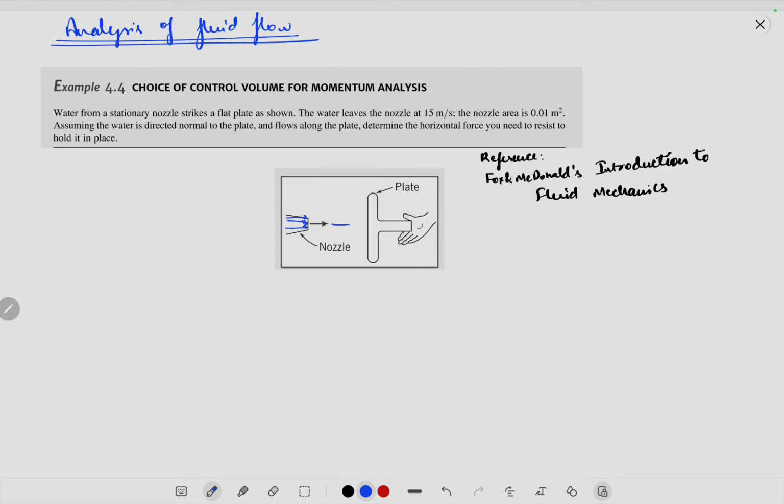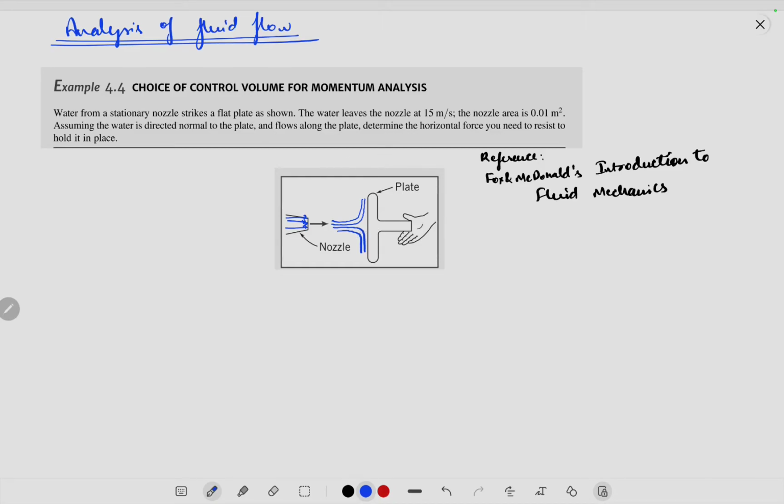Let's say the stream looks like this, and this is a plate on which it is incident.